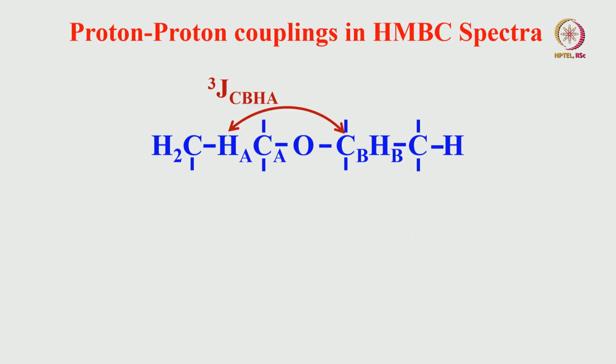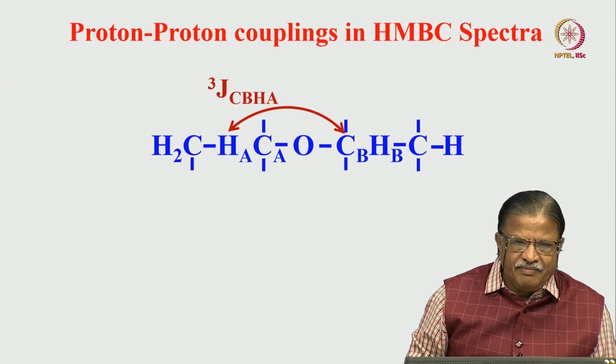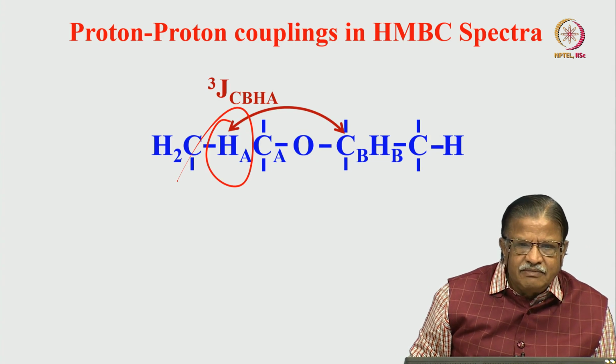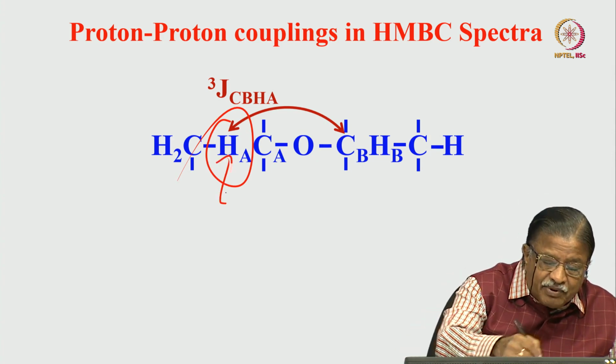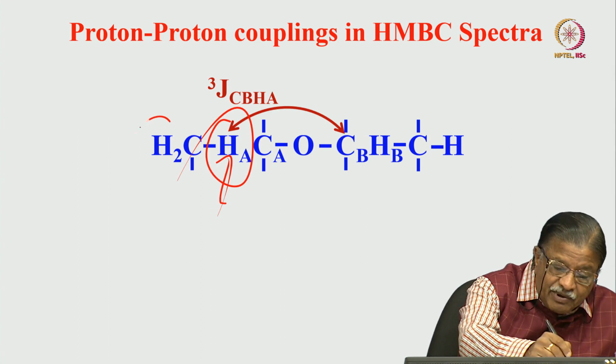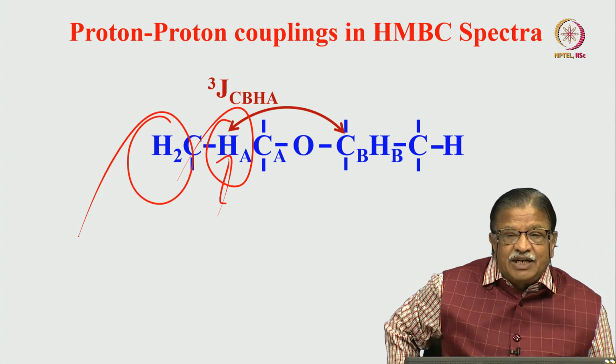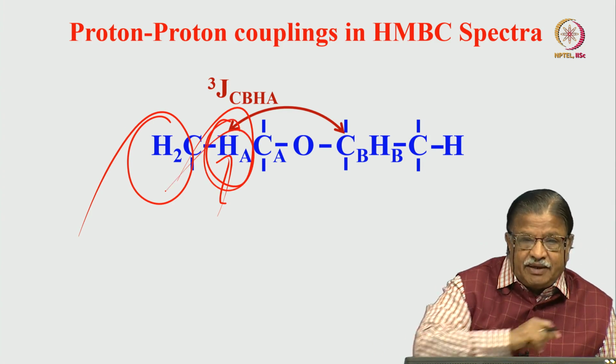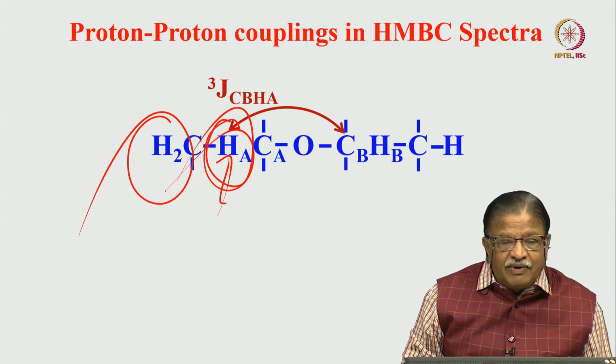If you go to the other carbon, carbon B, it can correlate to proton A, 3 bond. But then what about this proton? It is coupled to chemically equivalent CH2 protons. Then it will become a triplet. So what will happen?